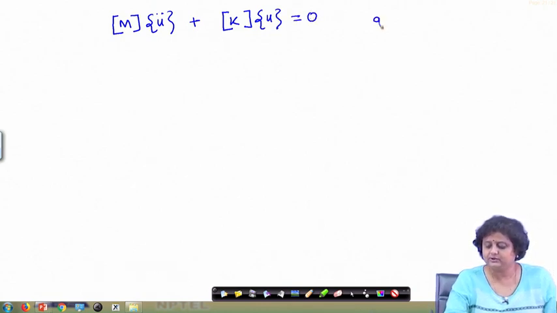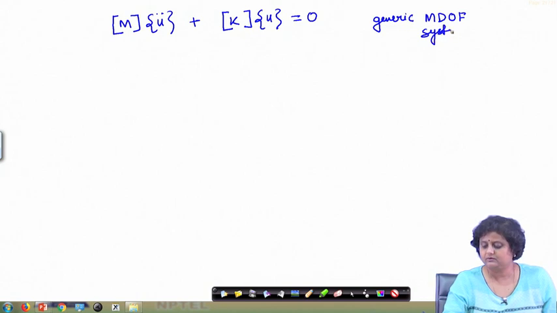So, this is a generic MDOF system with n degrees of freedom.